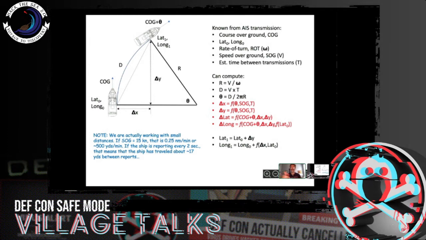And then I've got this delta x and delta y. Delta x is going to be a function of the angle of the circle, the speed over ground, and the time, as will my delta y. But then my actual change in latitude and longitude has got to be a function of the course plus theta, meaning that if I was just going due north, it'd be easy.